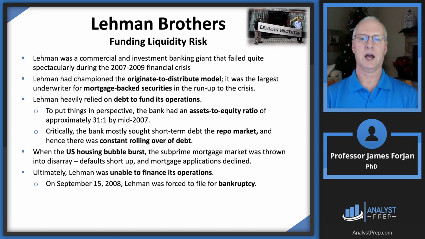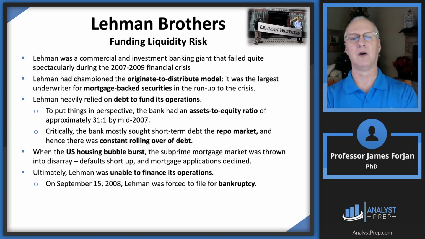And so the idea kind of works well if those mortgage-backed securities are funded by the deposits of the financial institution. But Lehman relied heavily on long-term debt, loans and bond issues to fund its operations.